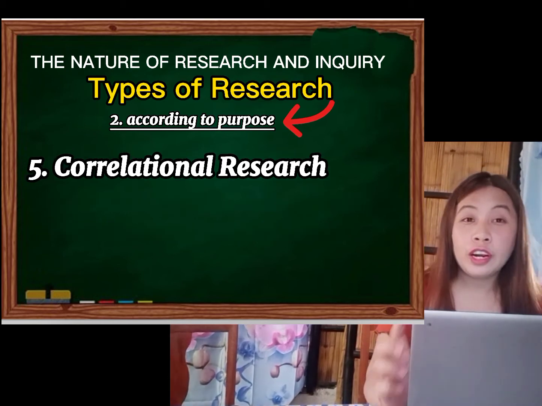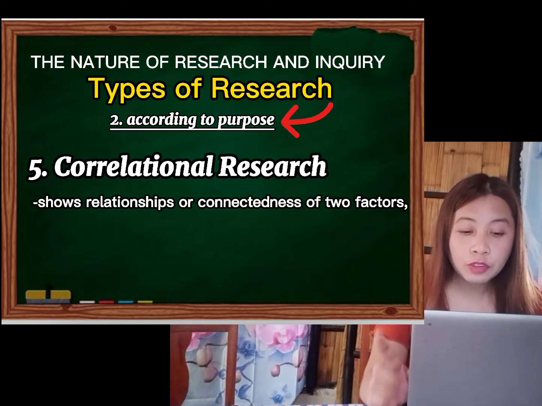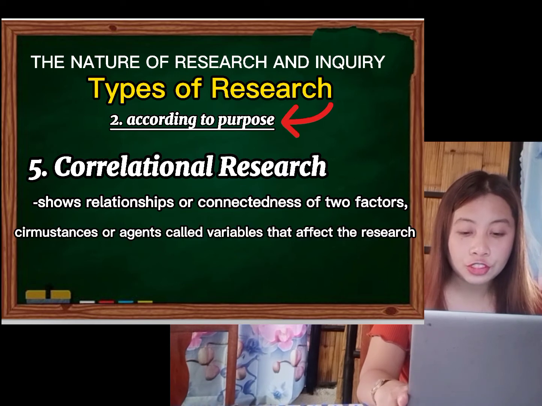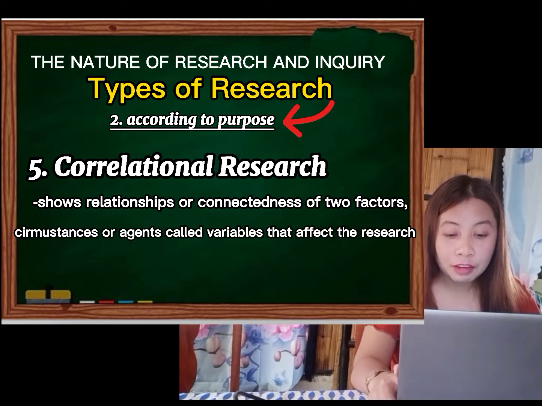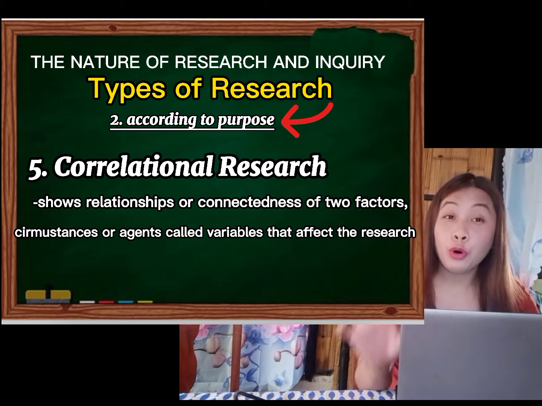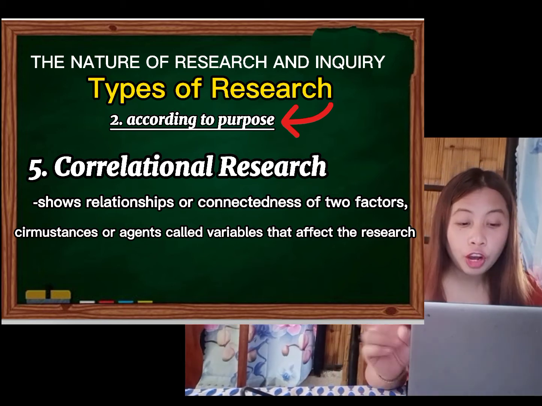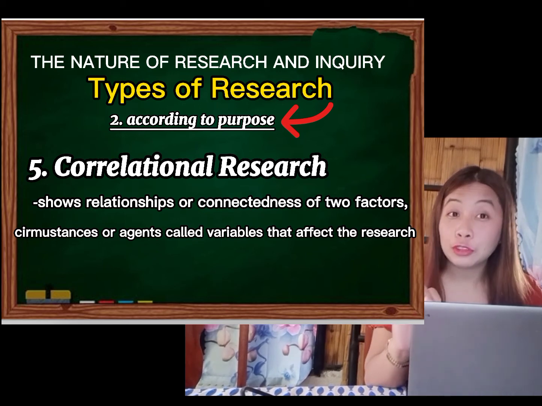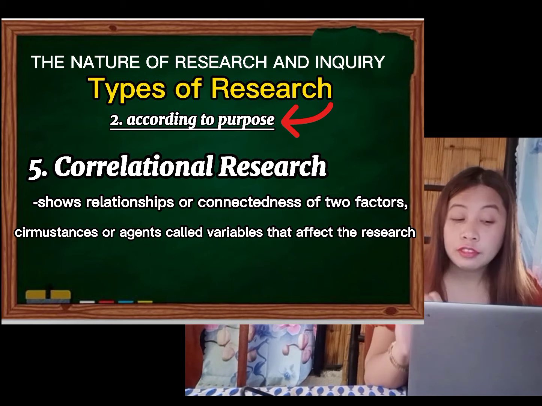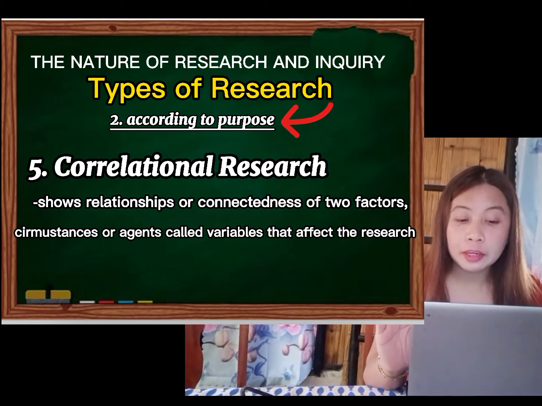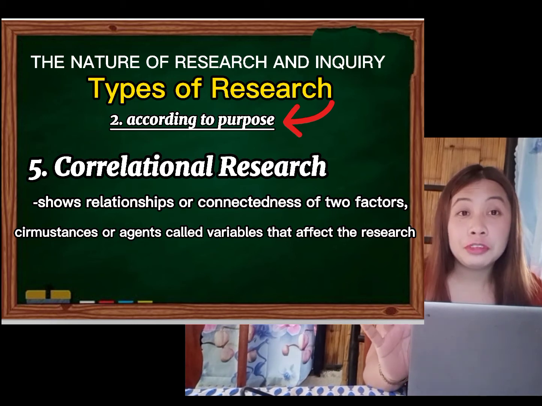Next, correlational research. Shows relationships or connectedness of two factors, circumstances, or agents called variables that affect the research. So, correlational. In short, the relationships of or connectedness of two factors, circumstances, or agents called the variables that affect the research.